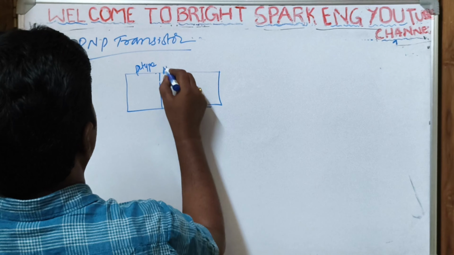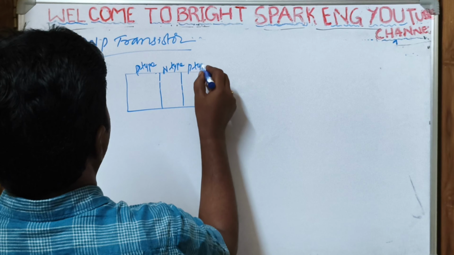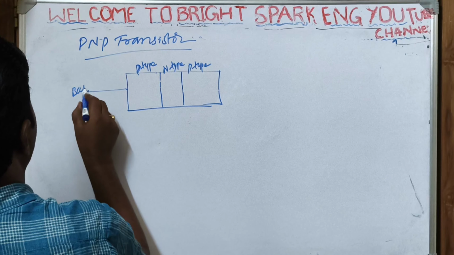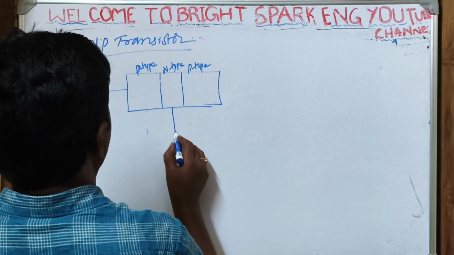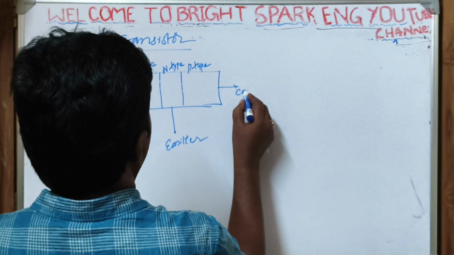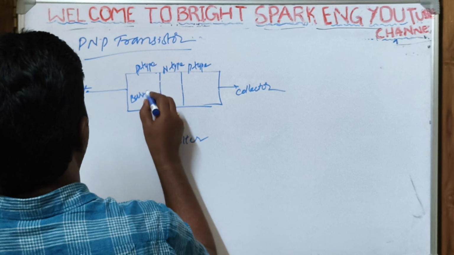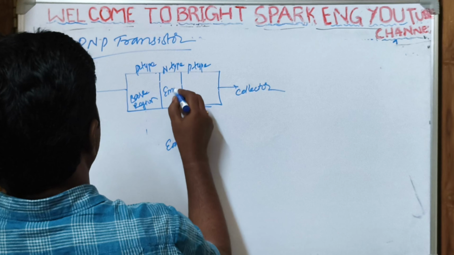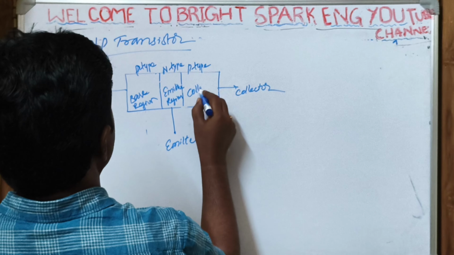P-type material, N-type material, next P-type material. This is base, this is emitter, this is collector. Base region, emitter region, collector region.